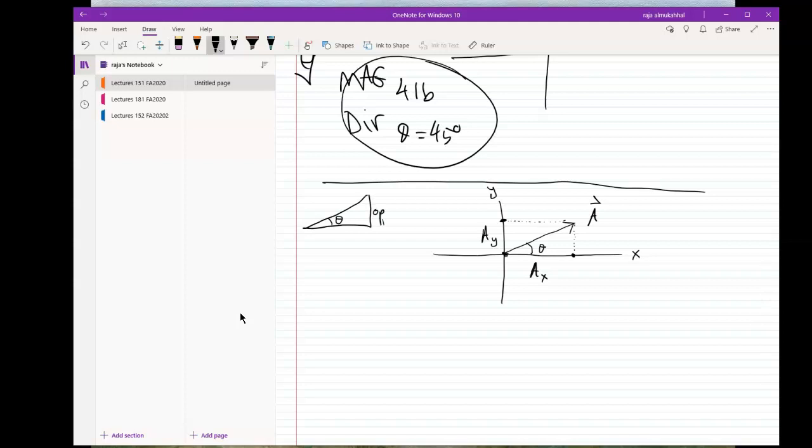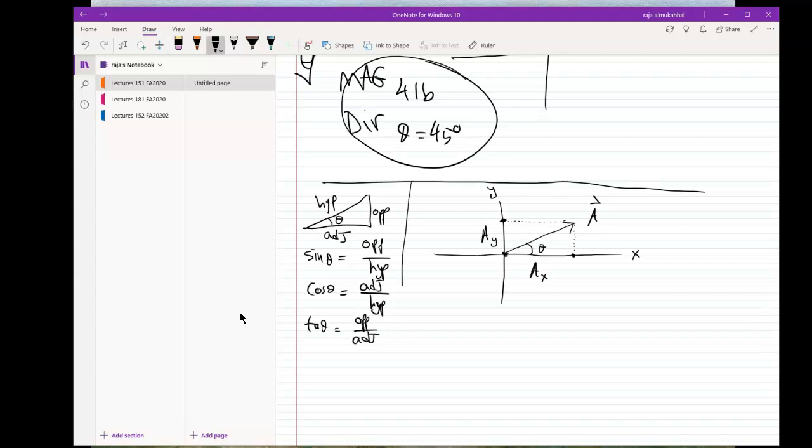This is the opposite, this is the adjacent, and that's the hypotenuse. So what do we say? Sine theta is equal to opposite over hypotenuse. And cosine theta is adjacent over hypotenuse. And then tangent theta is equal to opposite over adjacent, correct?